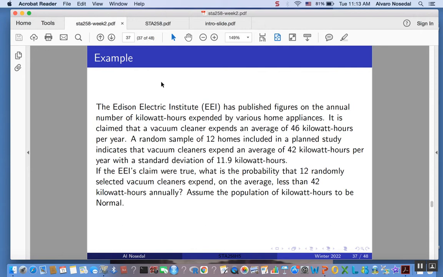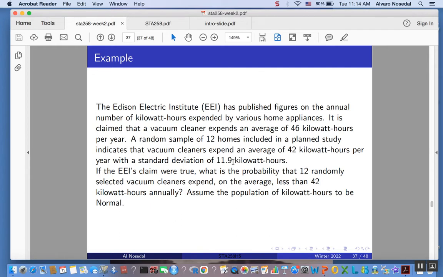In this case, we have a random sample of size 12, so we have 12 observations from a normal distribution, and x bar, the sample mean, is 42, and the sample standard deviation is 11.9. So we have x bar and s, meaning sample mean and sample standard deviation.